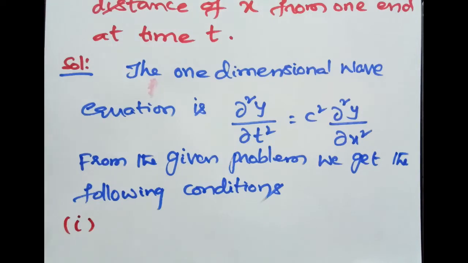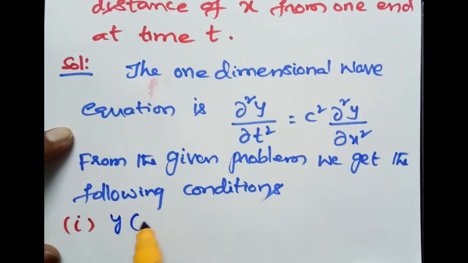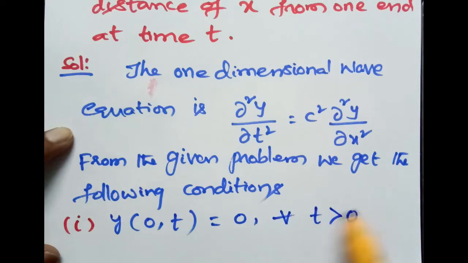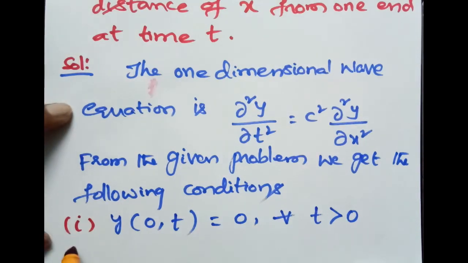Now condition number 1: y of (0 comma t), the displacement at one endpoint, the origin, is 0 for all t greater than 0. This is condition number 1. What is the displacement at the other endpoint, that is x equal to L?